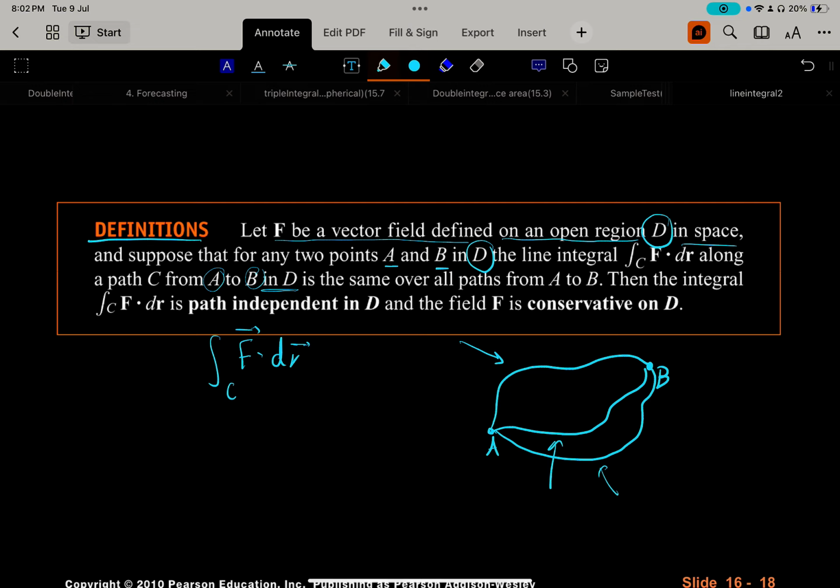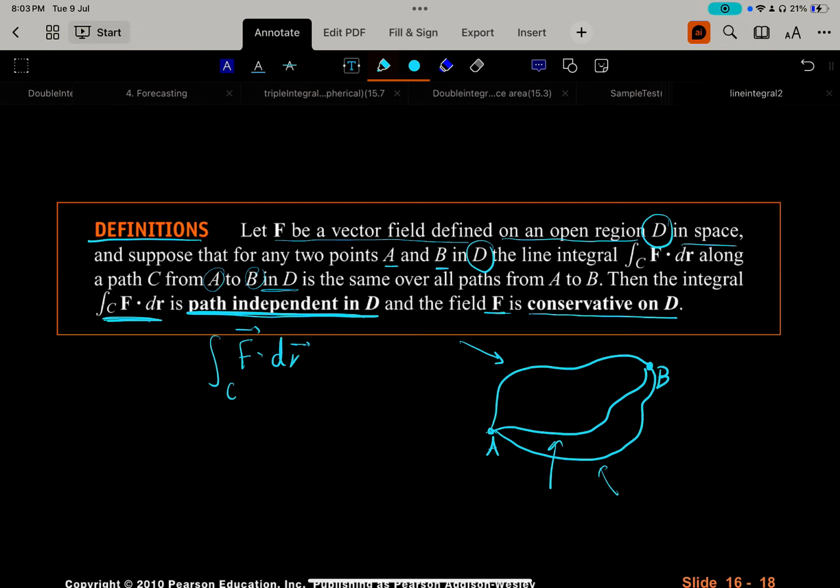So for all paths from A to B, if they have the same line integral, then the integral is said to be path independent in D, and the field F is conservative on D.